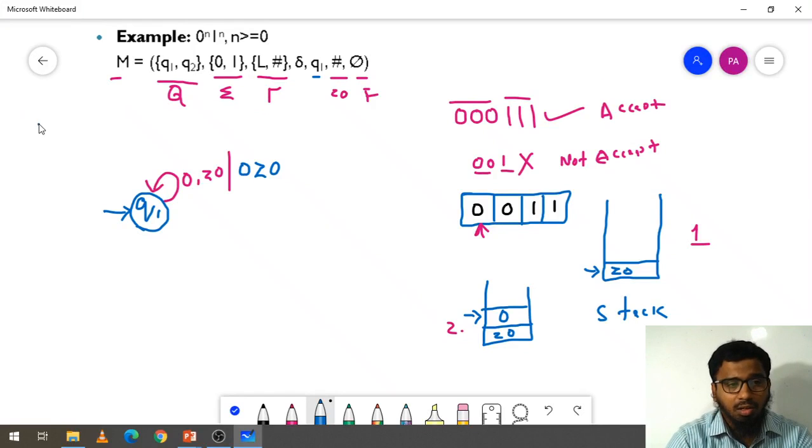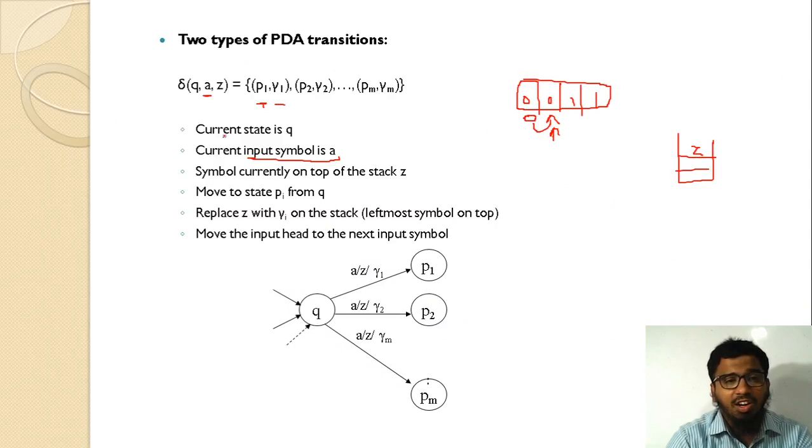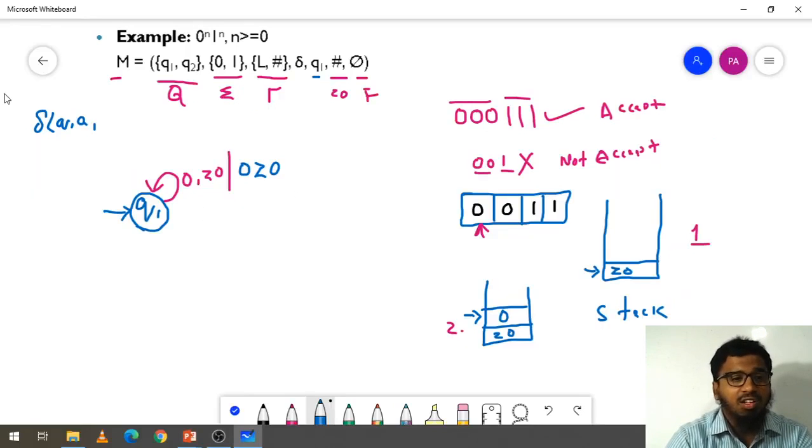Delta Q comma A comma Z, where Q is the state, A is the input, and Z is whatever is in the stack. With the help of this, we are solving.